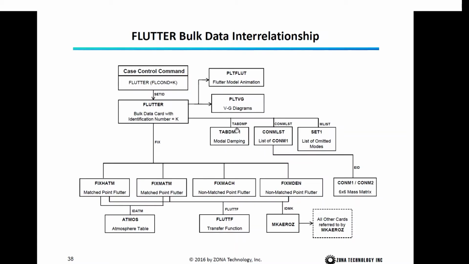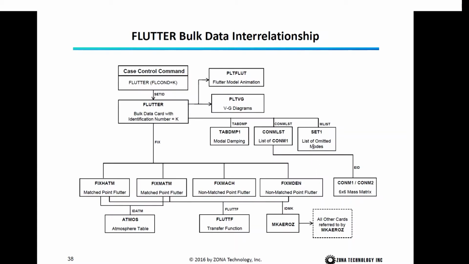You can also refer to a TABDMP1 card to include modal damping in the flutter equation. Also, you can refer to the CONM list card to list out a set of CONM1 and CONM2 to add mass into the flutter equation. Also, it refers to a SET1 card.